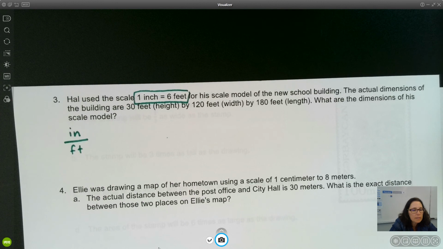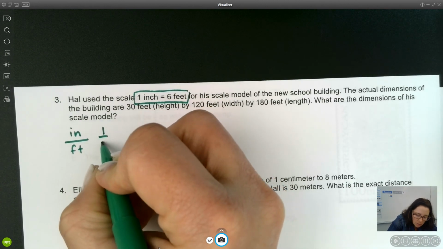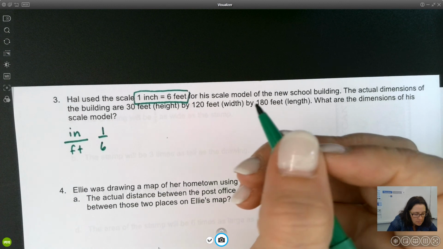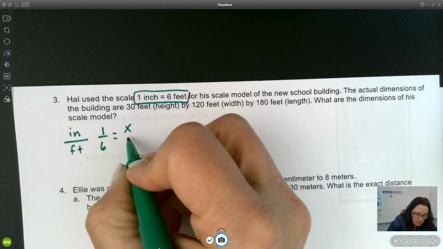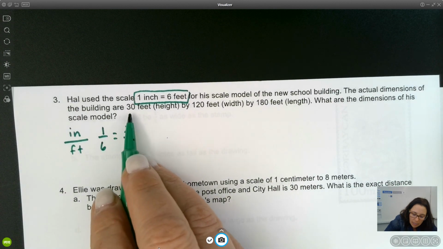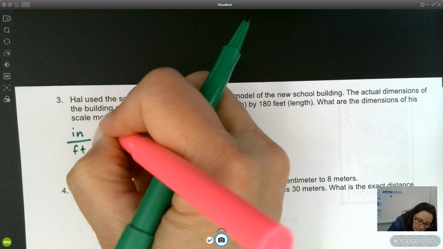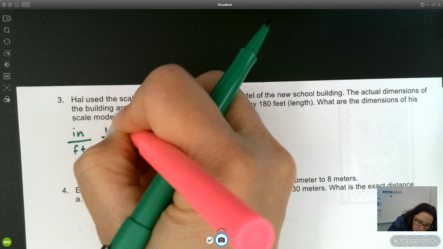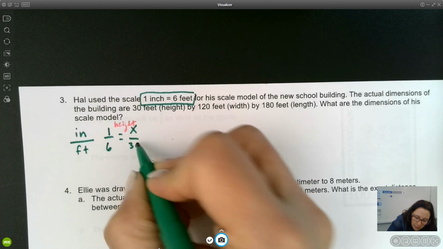And if you want to write model over actual instead of inches over feet, that's fine too. All right, so everything with inches is on top, so I'm going to use 1, and everything with feet is on bottom. And I'm trying to find out the height. So let me put height right here. This is going to be the height. So I'm going to put 30 right here.